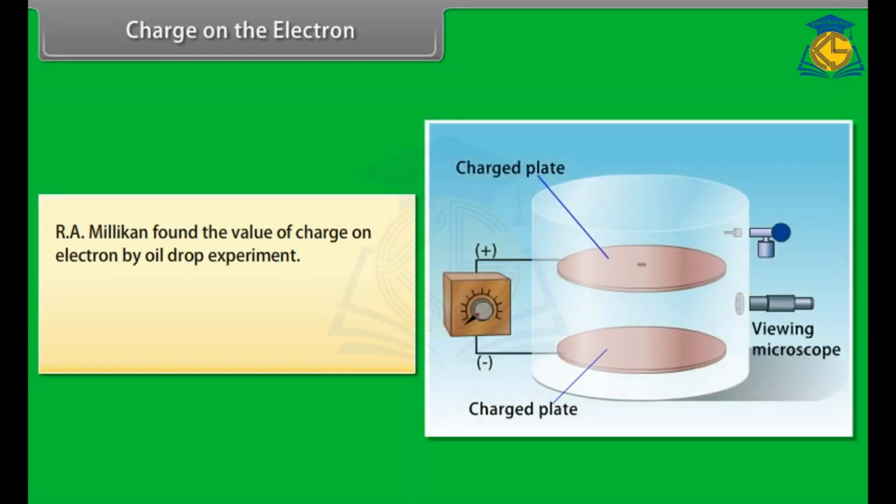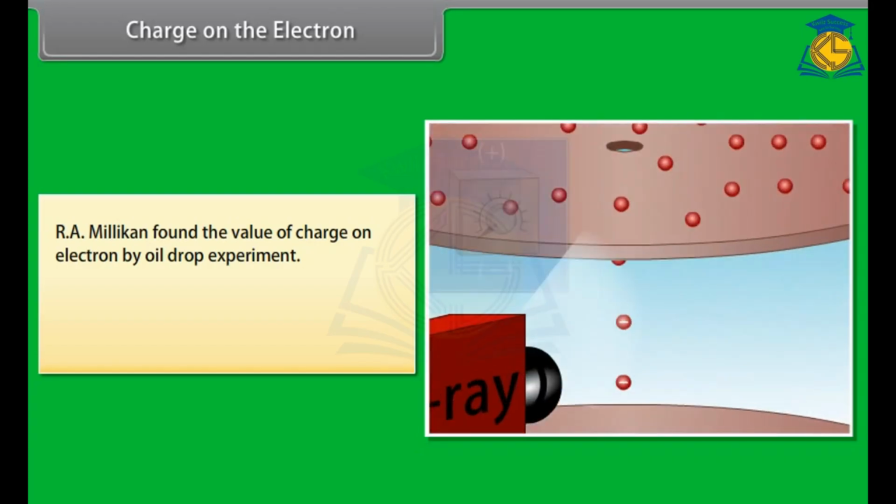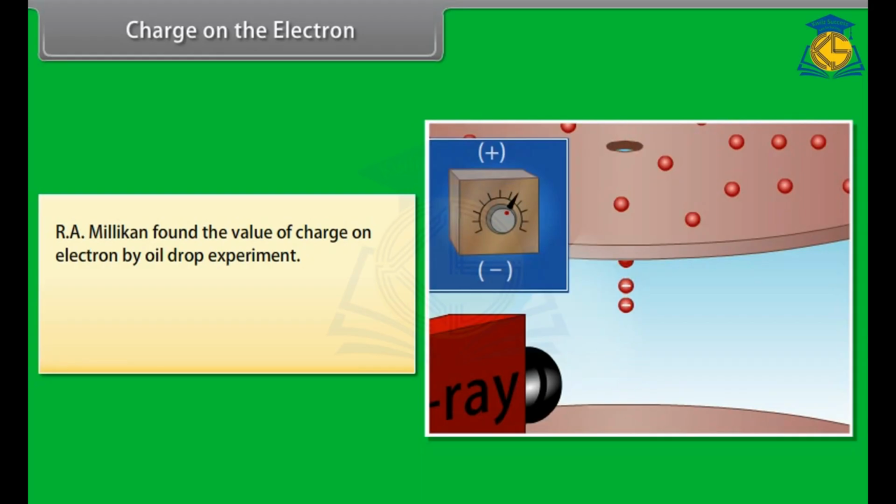R. A. Millikan found the value of charge on electron by the oil drop experiment. The oil droplets enter the apparatus through a small hole and are allowed to fall in between two charged plates. The motion of the droplets is observed with a microscope. The space between charged plates is irradiated with X-rays.